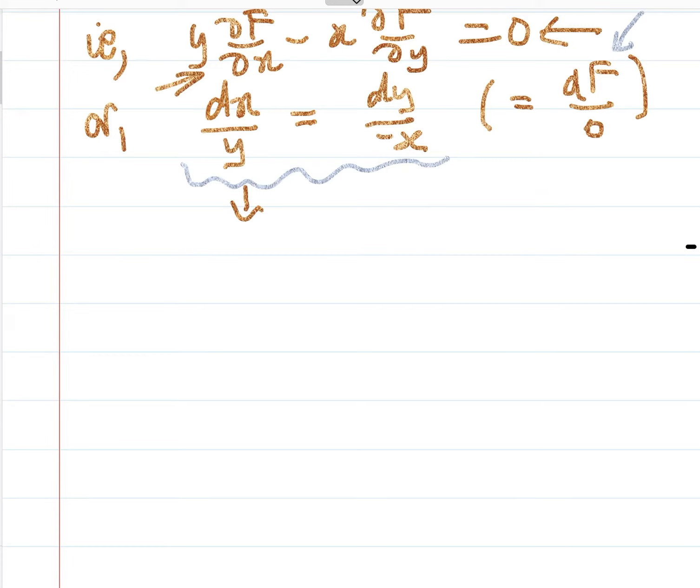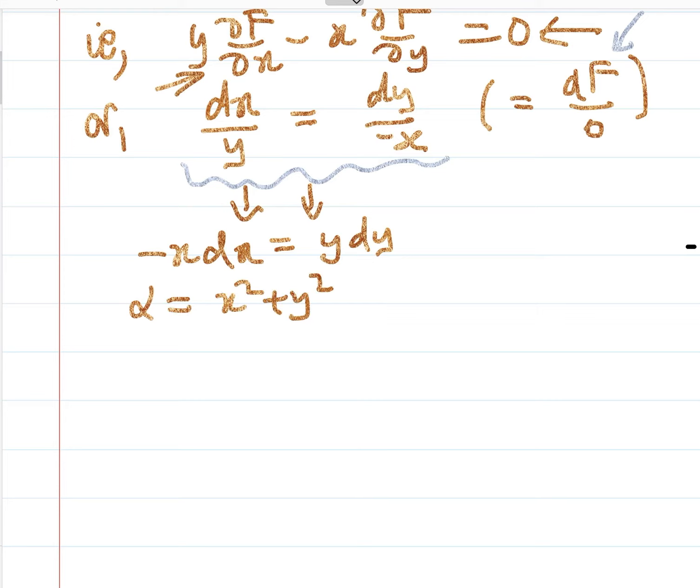From here, if you do cross multiplication, you find that you get minus x dx equals y dy, and if you integrate, you find that an integration constant is x squared plus y squared. This is then an independent invariant.